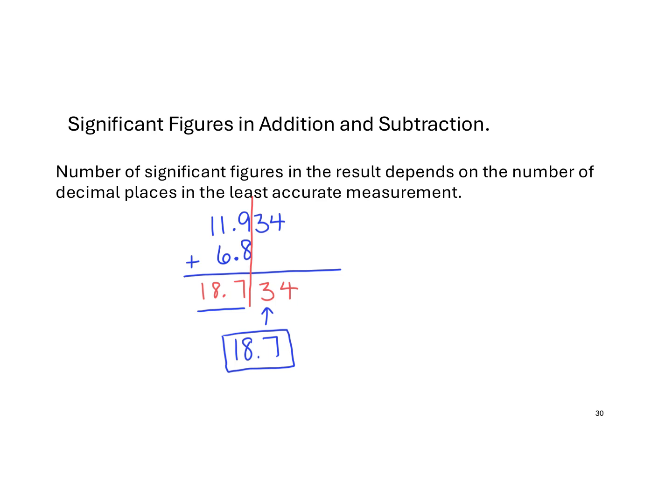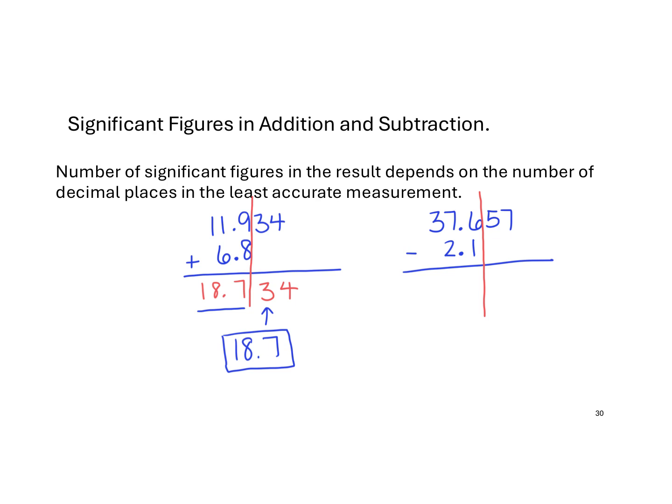Look at this example. We've got 37.657 minus 2.1. When we do this, right, I draw my line to the right side of the last decimal place that the 2 numbers have in common.